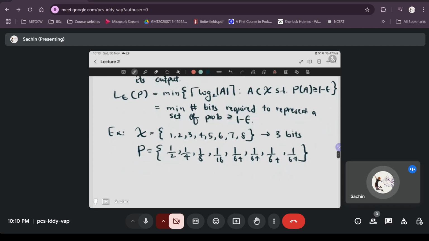And I tell you that I only care about sets which have a probability greater than 1 minus 1 over 16. So my epsilon is 1/16. This type of thing is something you would have seen in your calculus classes.